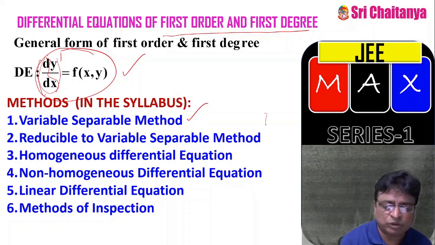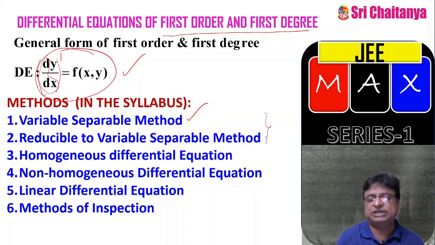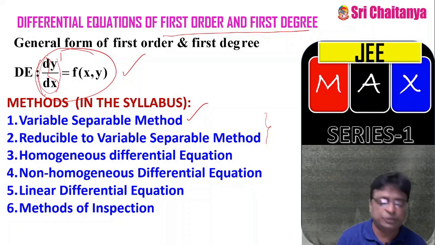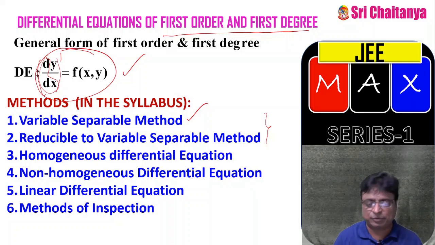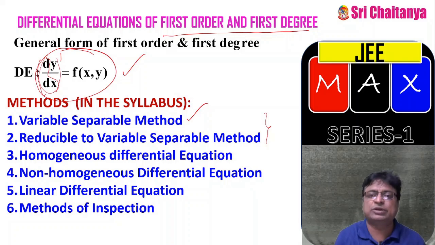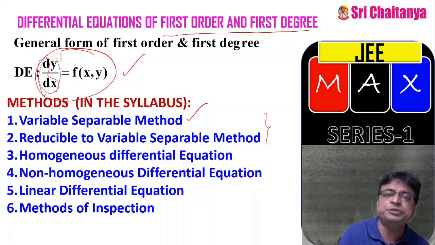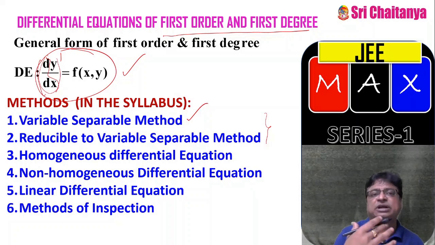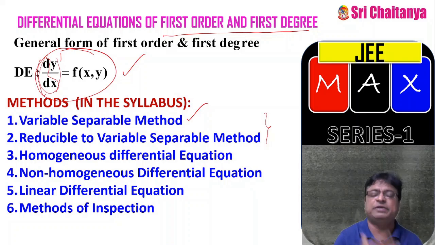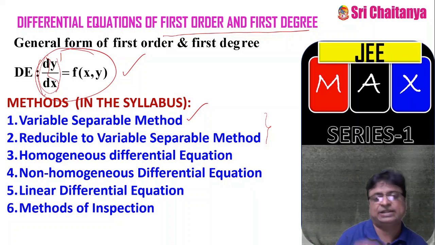The first and second are the same, but I have listed the second separately. The second is reducible to variable separable method. That means suppose the equation is not looking like variable separable, but by taking suitable substitutions we can convert that non-variable-separable equation into variable separable. That's why this is another method.